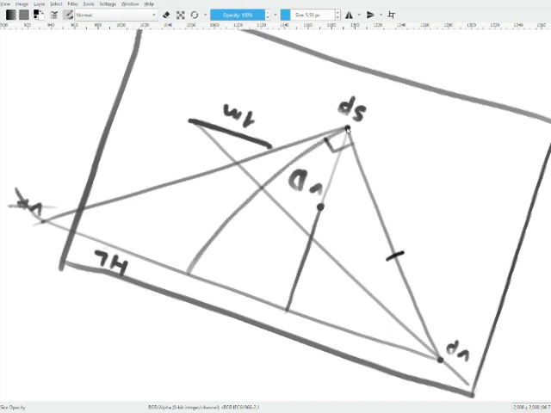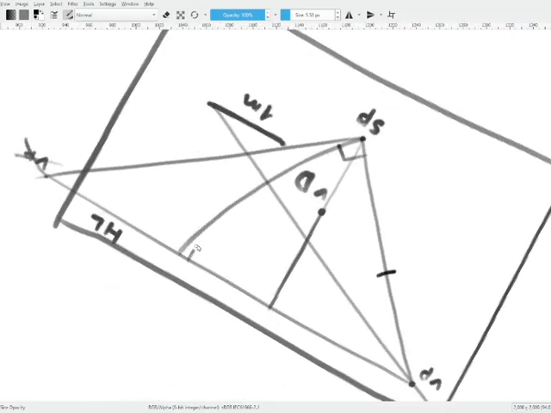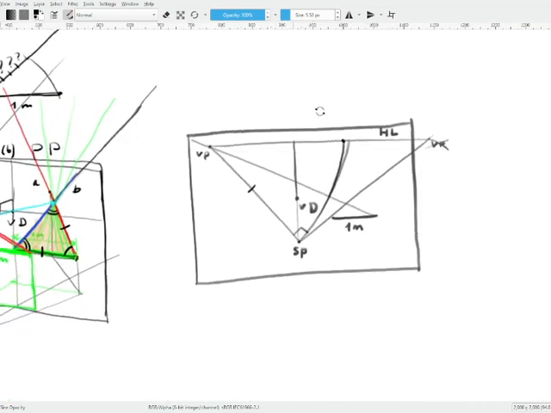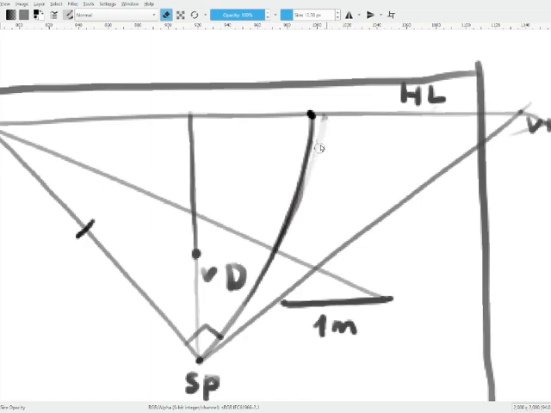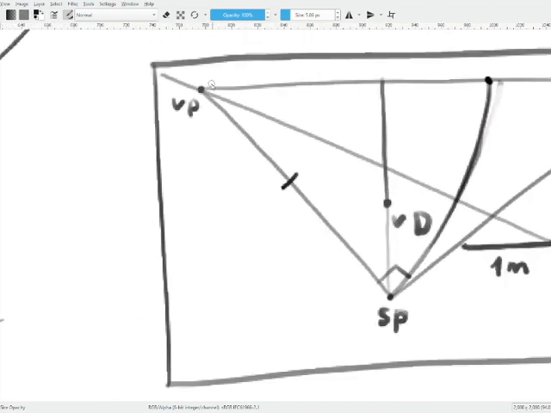Just draw something which resembles a segment of a circle, some arc like this. It will be usually enough for practical purposes, but remember that this segment should be equal to this segment.